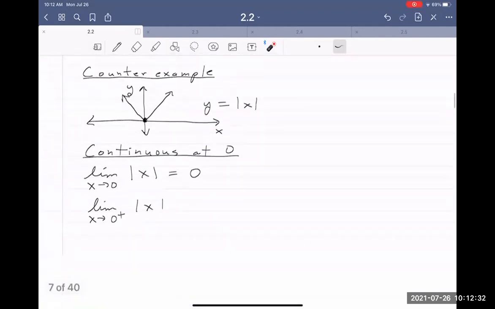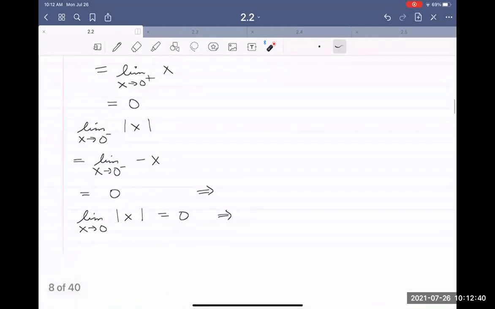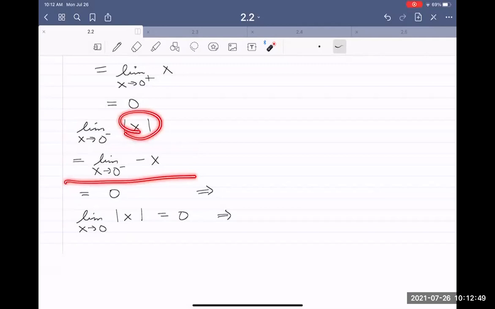Similarly, let's approach 0 from the left side. The limit as x approaches 0 from the left side of the absolute value of x, well, for x less than 0 the absolute value is just equal to minus x.